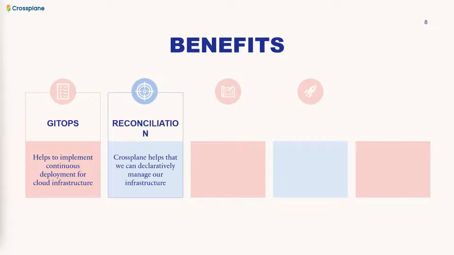Next, reconciliation. Reconciliation is another important thing, not only for the application where we are maintaining integrity, but when you say infrastructure, there is a cost also involved. So you can make sure none of your team members are provisioning any unnecessary infrastructure resources without proper approval, or without it being maintained in Git.